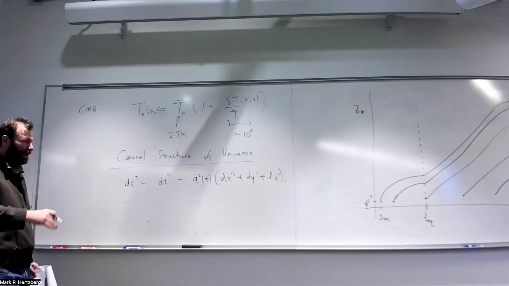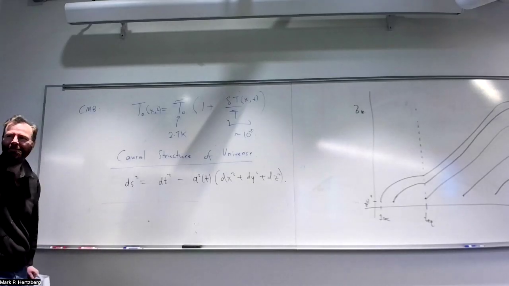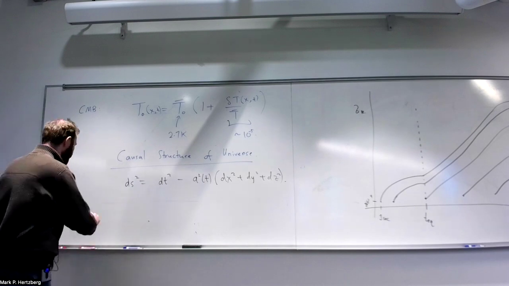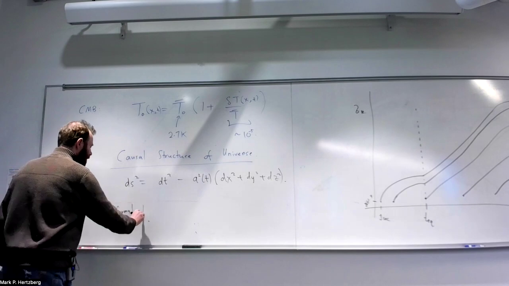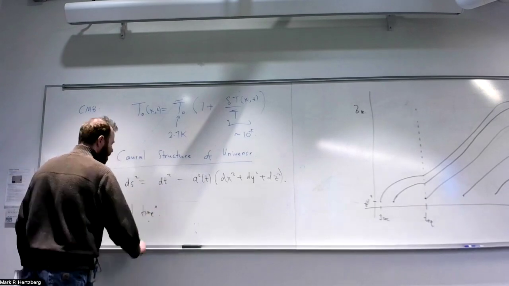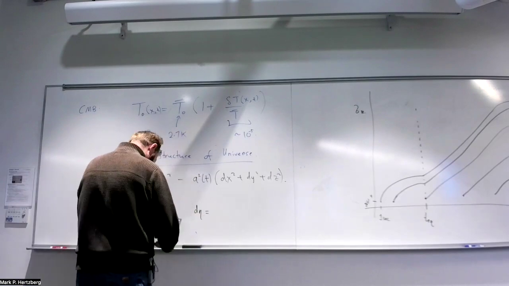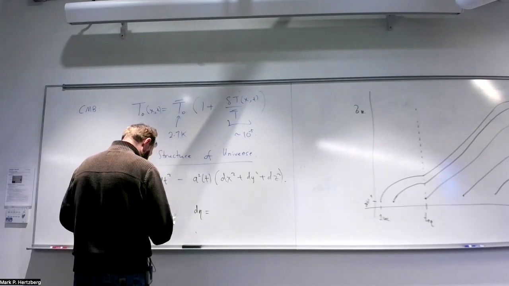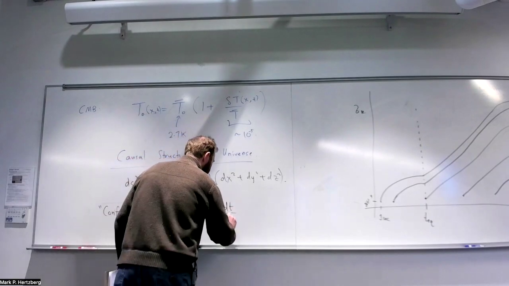And it's going to be useful to us to define a different time variable. Okay, so I'm going to define a new variable called conformal time. So I'm going to write d eta as dt over a.